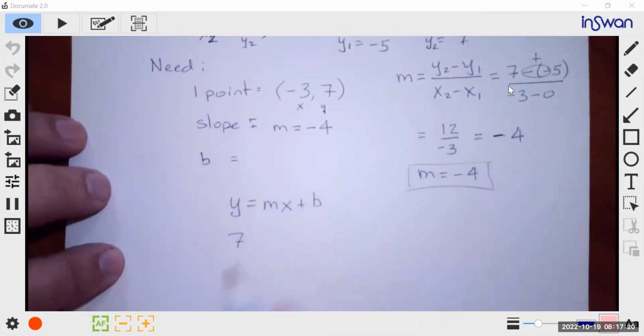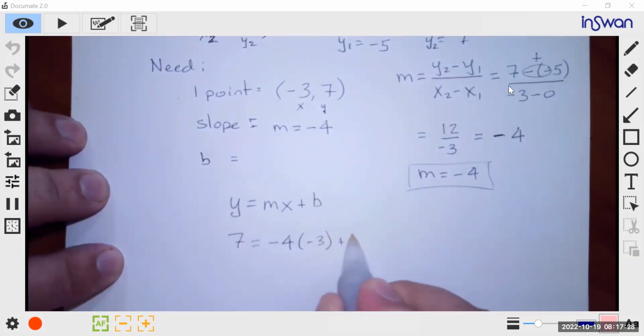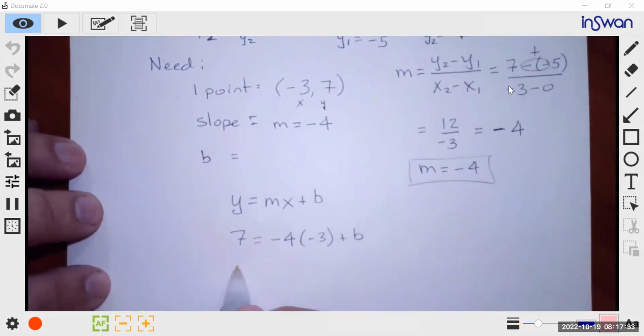So y is 7. m is -4. x is -3. We got to find b. Negative is positive. 4 times 3 is 12.